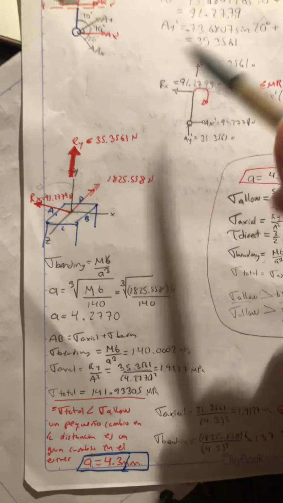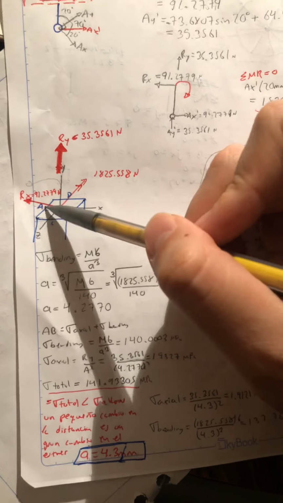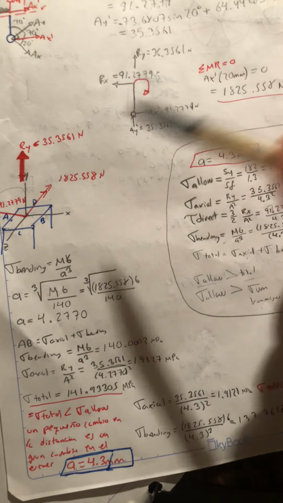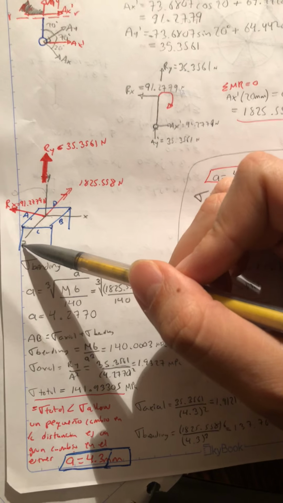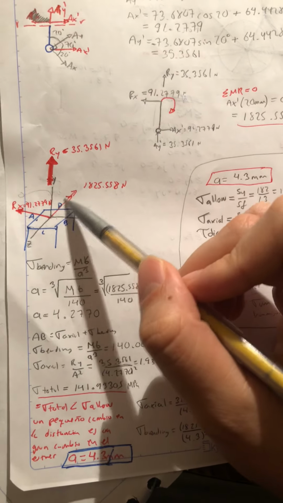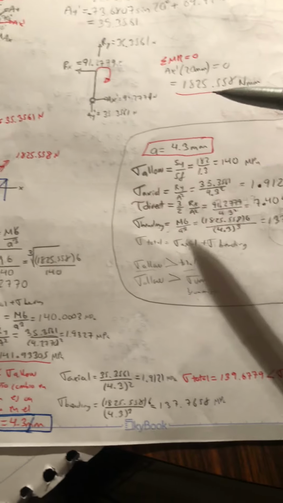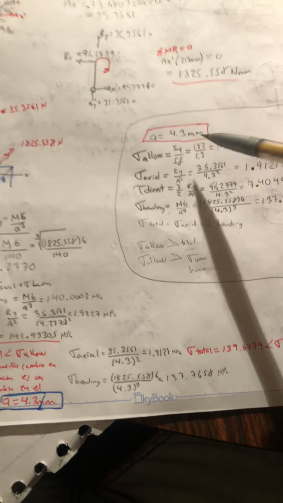We will have Ry on the y-axis, Rx on the x-axis, and the moment will be represented on the z-axis. And we represent the moment with two arrows. After that, we will do the allowable stress.